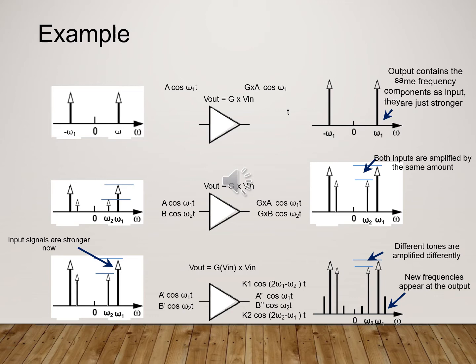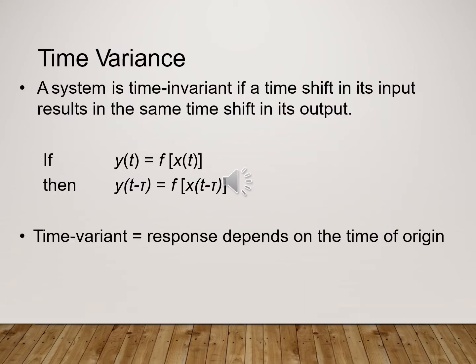So we have different tones at the output amplified differently, because the gain relies on the input, and new frequencies appear at the output, which we call intermodulations, and we will study them later on.